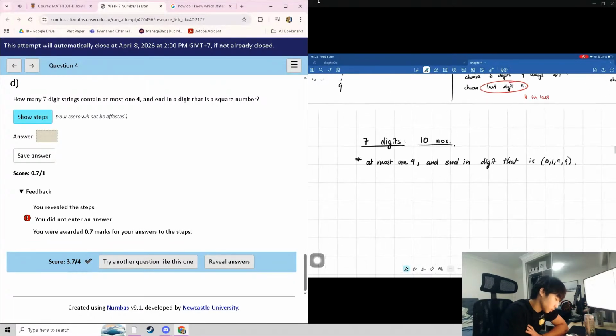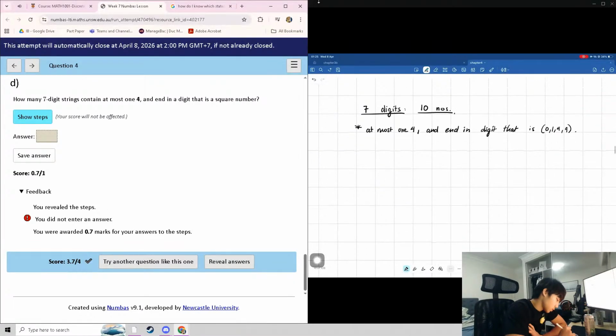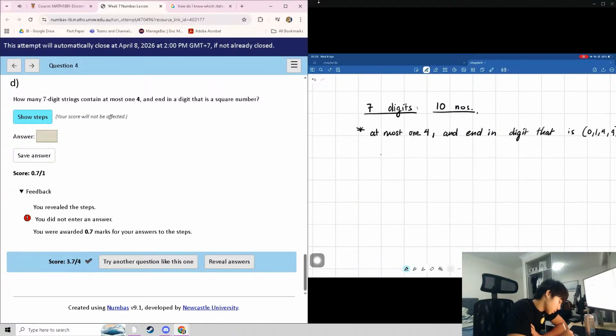So there's a case where there are no fours. Choose the first digit, 9 ways, up to the 6th digit.